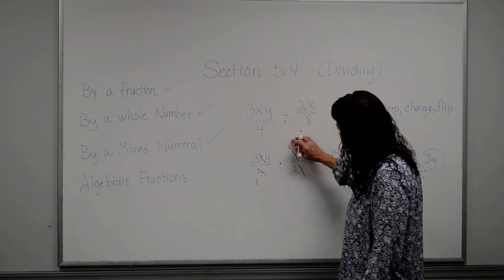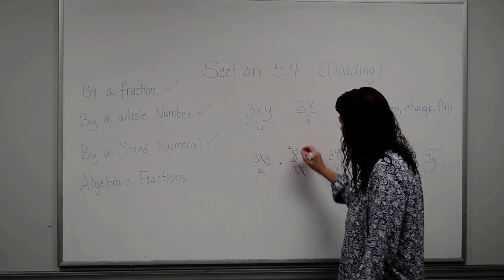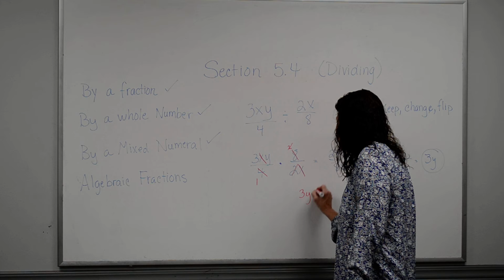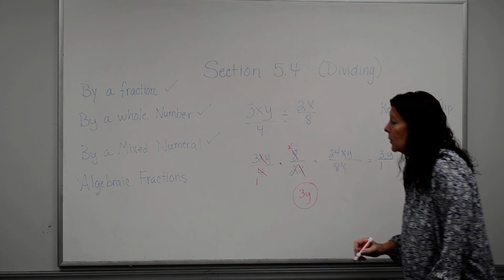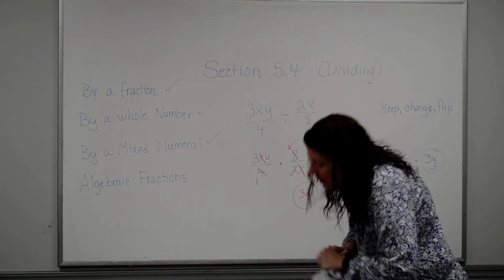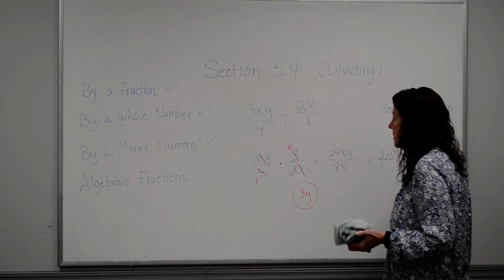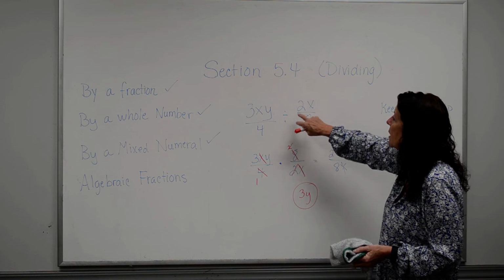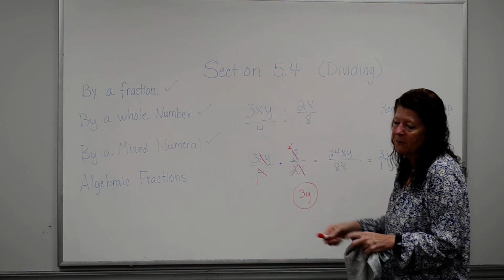Then I've got a 2 over 2 here. That's equal to 1. And that leaves me with just 3y. It really doesn't matter which way you do it. You can multiply straight across if you understand that way first, or you can cross-reduce. But you must flip it before you cross-reduce.